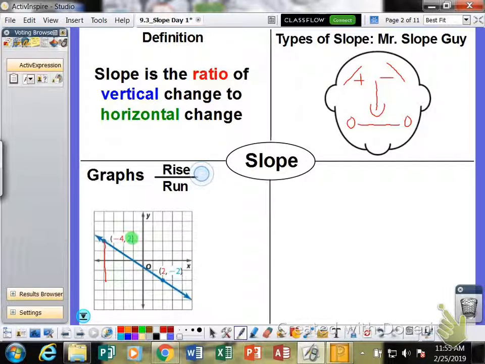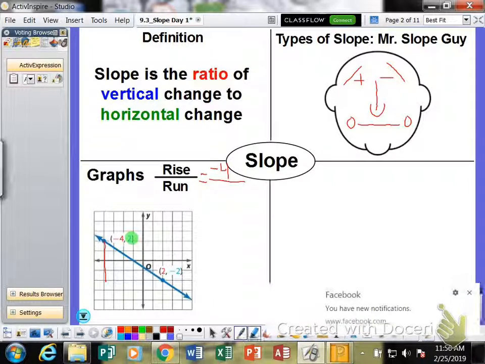Now I want to find our run. So our run would be how many units to the left or right on the x-axis we go from the x value in our first ordered pair to get us to the x value of the second ordered pair. So in this example, we are at -4 on the x-axis in our first ordered pair.